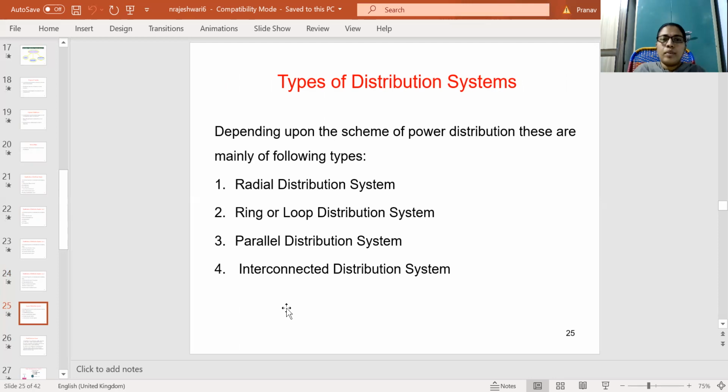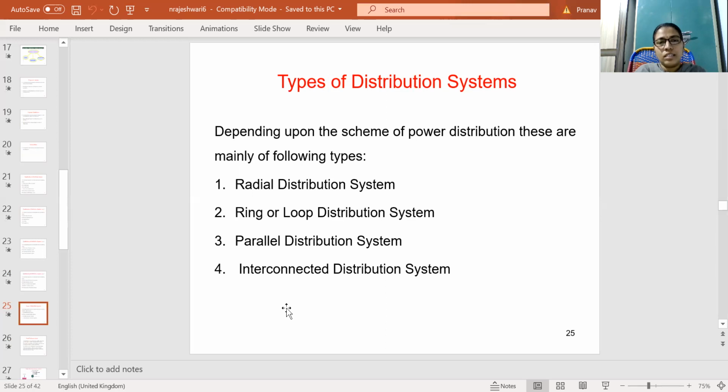Depending on the type of scheme of power distribution, these are the main types of distribution.